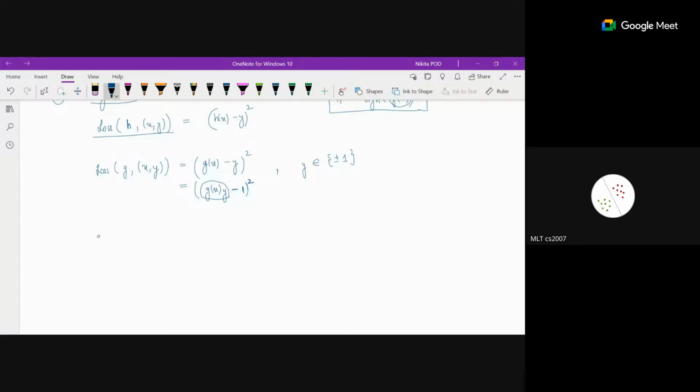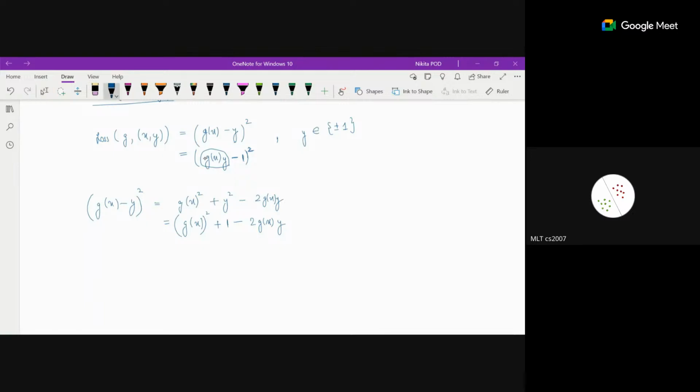So if we expand g of x minus y whole square, what should we get? We'll get g of x square plus y square minus 2 g of x y. And since y belongs to only plus minus 1, this can be written as g of x square plus 1 minus 2 g of x y.